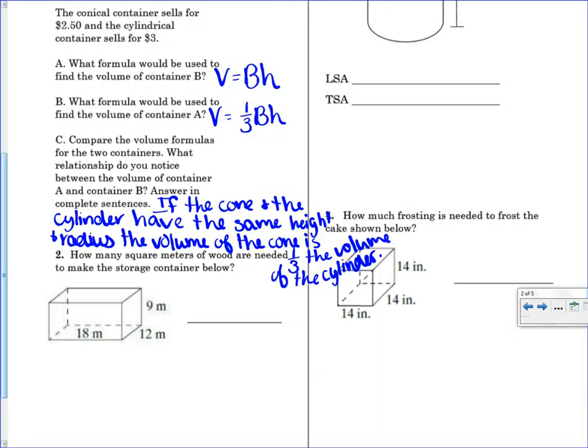Okay. So if they share the same height and they have the same radius, the volume of the cone is 1/3 the volume of the cylinder.